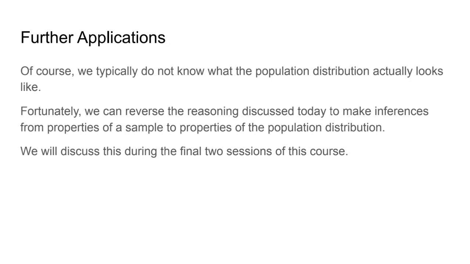But as I already hinted at multiple times throughout this lecture, we can reverse this reasoning. We can think about, well, if it's so and so likely to find this and that sample, and we actually found that sample, what does it tell us about the population? And this way of thinking is what we are going to be discussing throughout the last 2 sessions of this course.